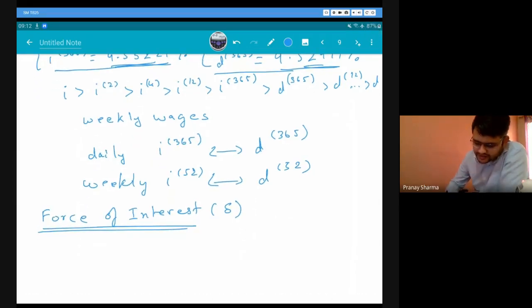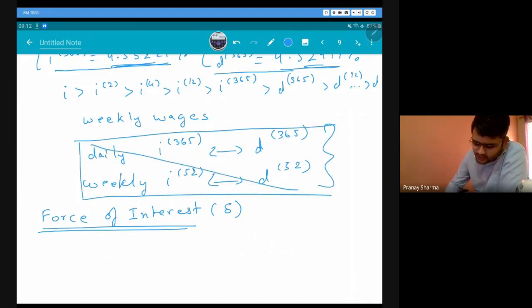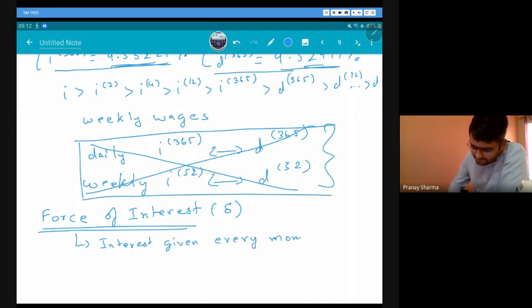So force of interest. When we do not want to do such long calculations, we try to make it such that we say we are giving interest every single moment. So here in force of interest, we say interest is given every moment.